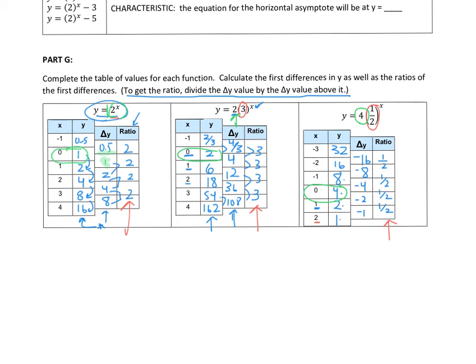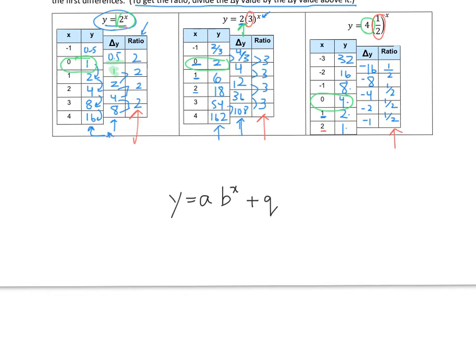I want to summarize some other things here on the bottom of the page. Okay, so to summarize our key information here, the a value, that is your vertical stretch, but it's also your y-intercept, or your initial value for your equation, except if you've got this extra plus q on the end.